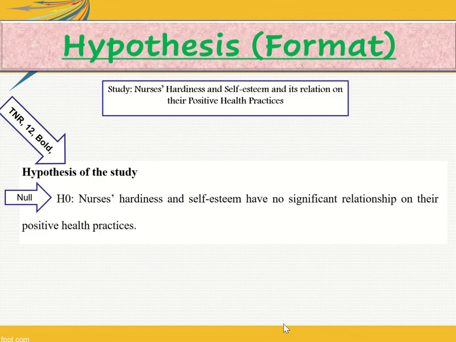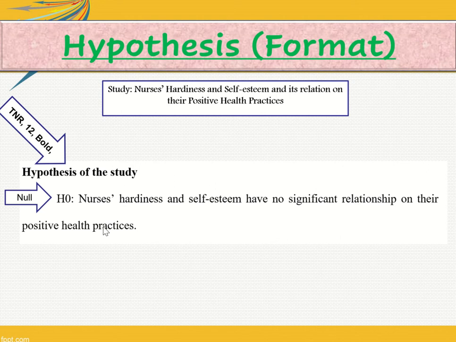Now for our format, utilizing the previous topic. So nurses' hardiness and self-esteem and its relation on their positive health practices. So hypothesis of the study, this is our label or our subheading. And then H sub 0, ilalagay mo dyan. And this will serve as our null hypothesis.